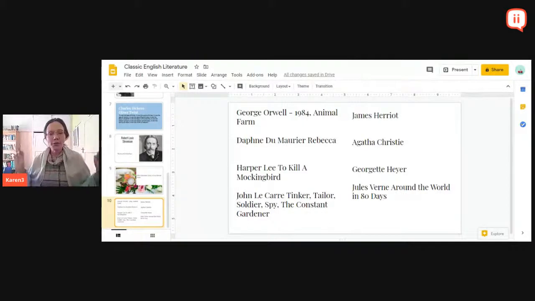Okay, so who knows James Herriot? James Herriot, the vet, wrote stories about his encounters with animals and the farmers. Tell me, do you know James Herriot? James Herriot you will enjoy, I can promise you. His language is very simple, but what I love about James Herriot is that he is very, very funny.